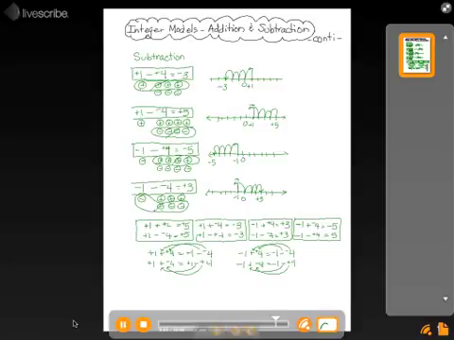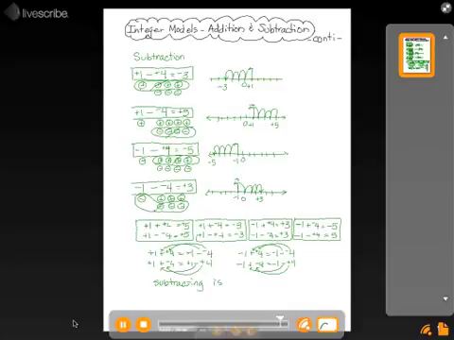And so addition and subtraction are related in that when you are subtracting integers, all you need to do is add the opposite.